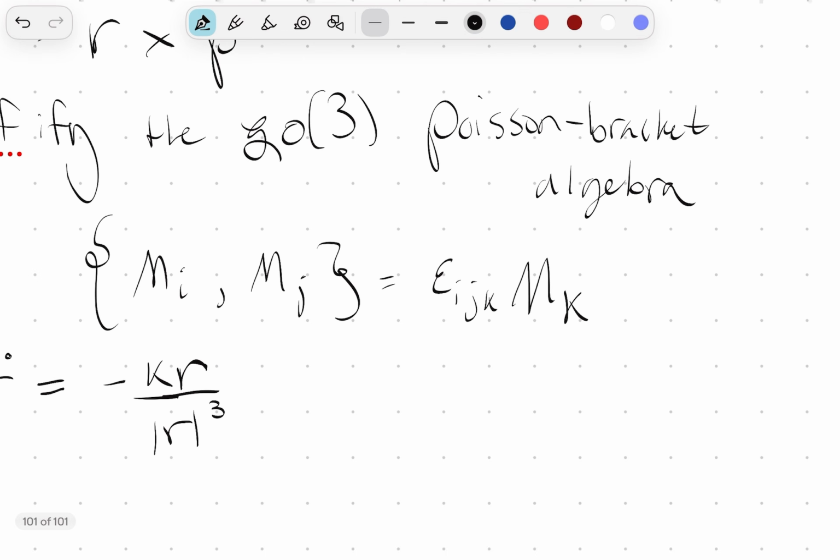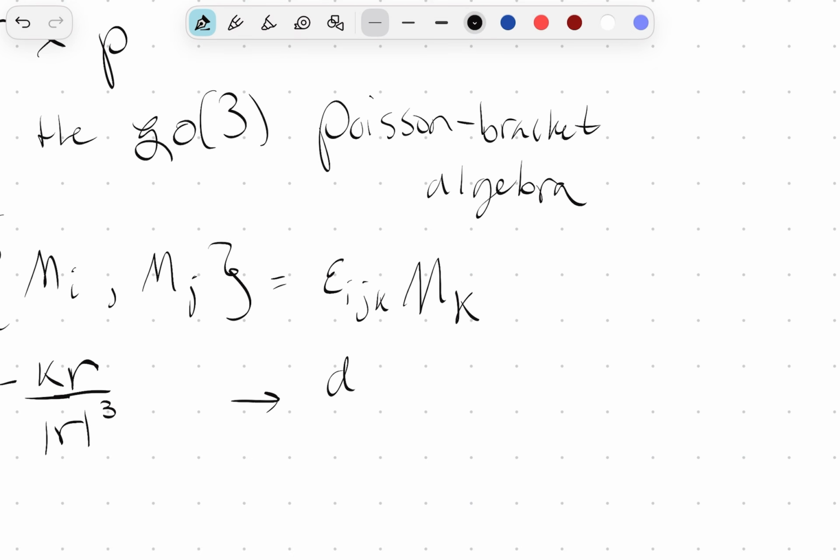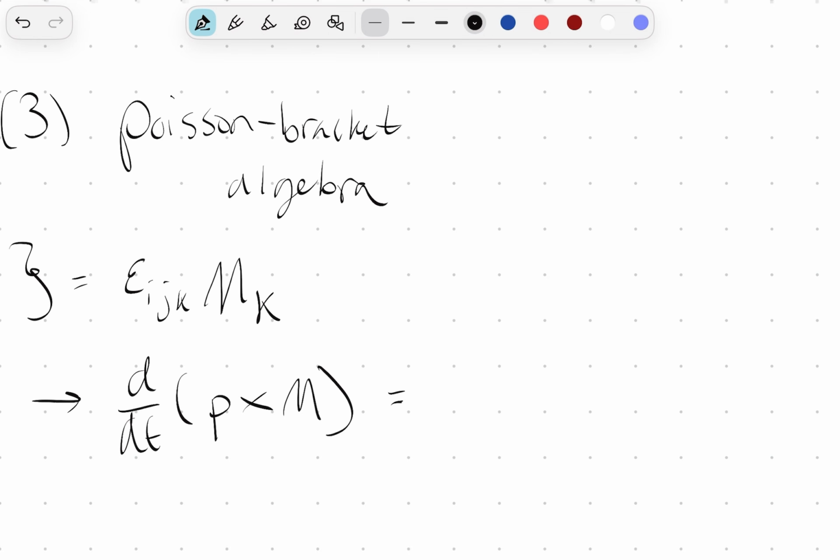So let's compute the time derivative of the momentum crossed with the angular momentum. So if we cross the momentum with the angular momentum, that should be equivalent to the change in the momentum crossed with the angular momentum.